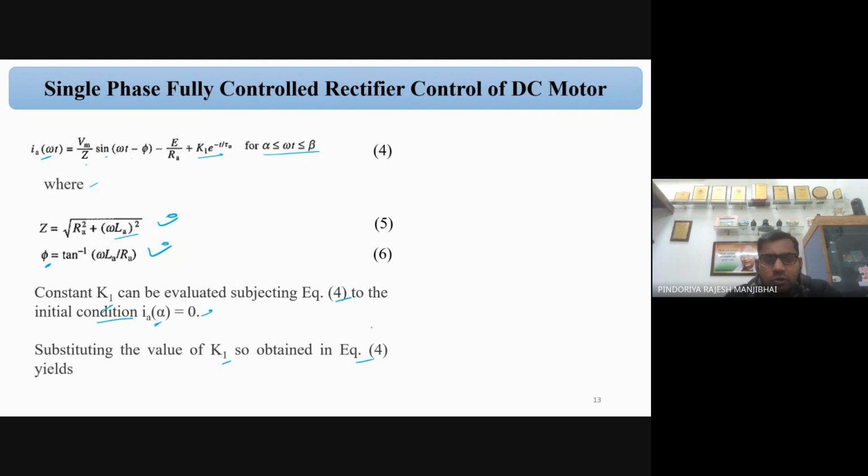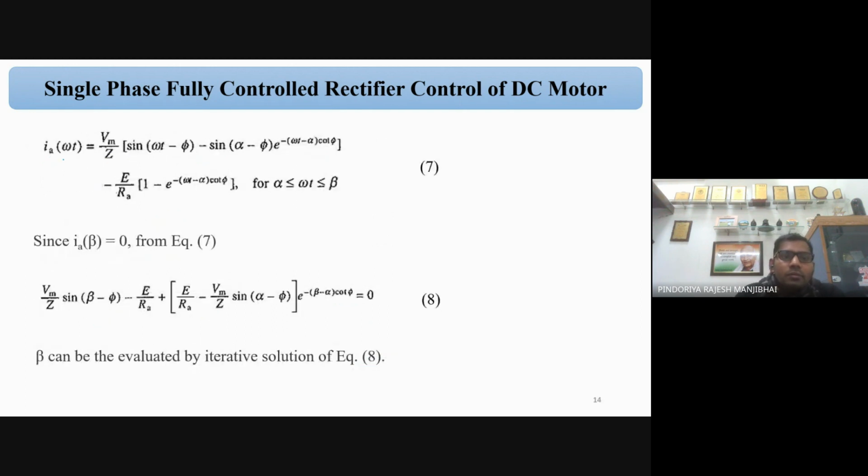So we substitute IA equal to 0 in equation number 4, and we can say IA of omega t equals Vm by Z sine omega t minus phi, minus sine alpha minus phi e to the power minus omega t minus alpha cot phi, minus E upon RA into 1 minus e to the power minus omega t minus alpha into cot phi, for alpha to beta.